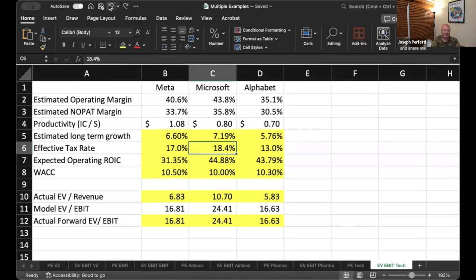Meta against Alphabet. Alphabet has about a percent less growth rate, which hurts them. But their tax rate is up above about 4%, which is pretty nice.